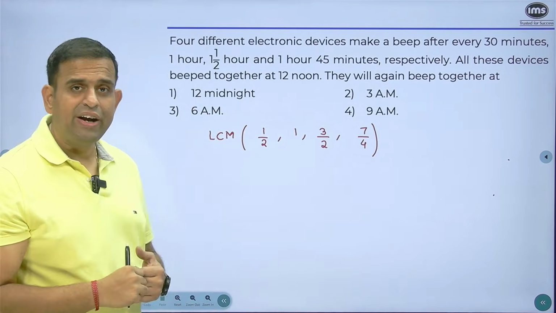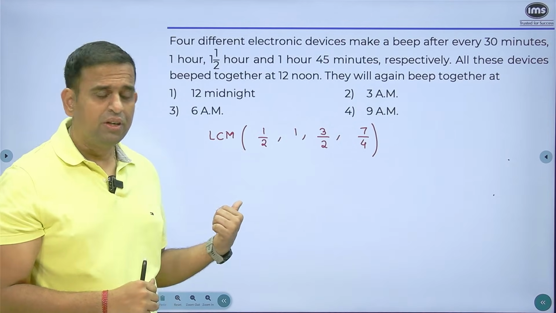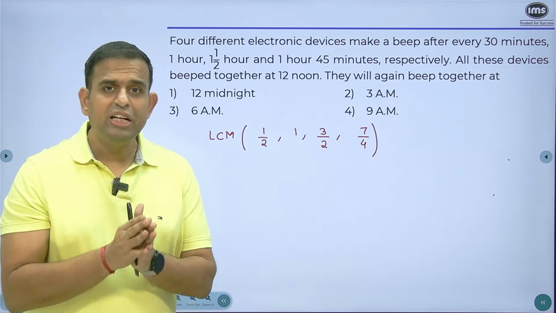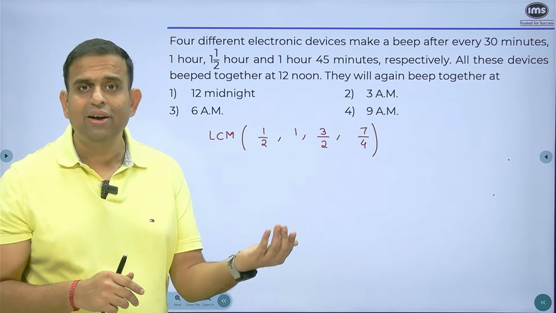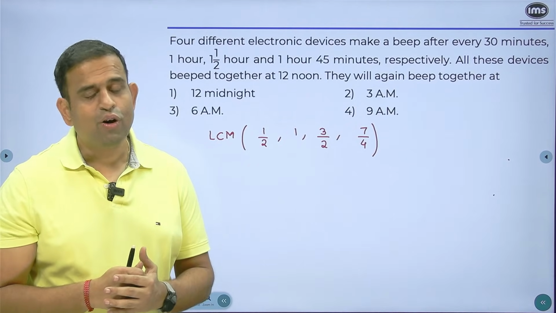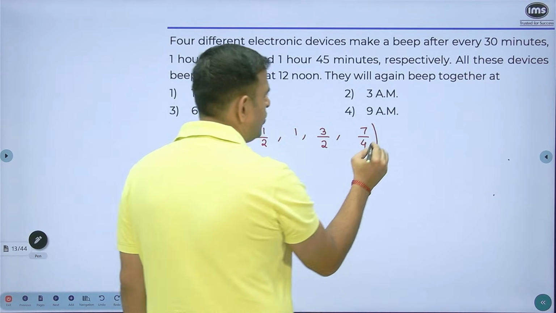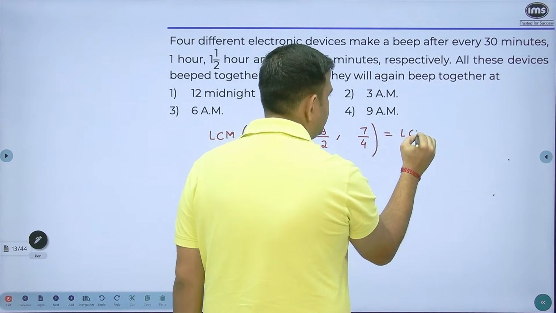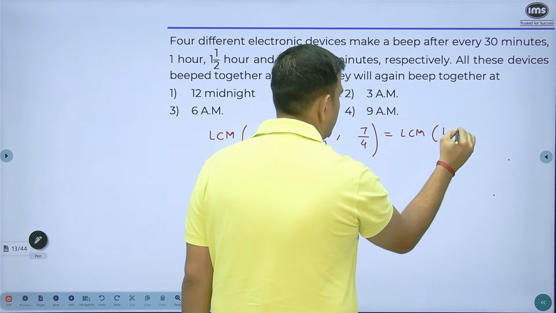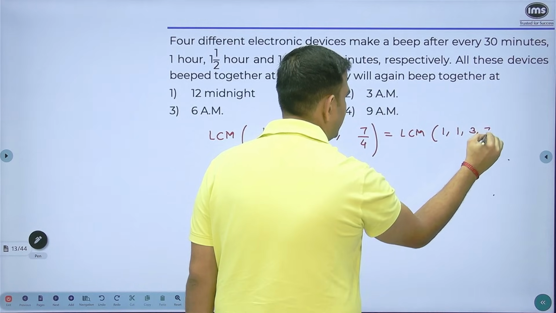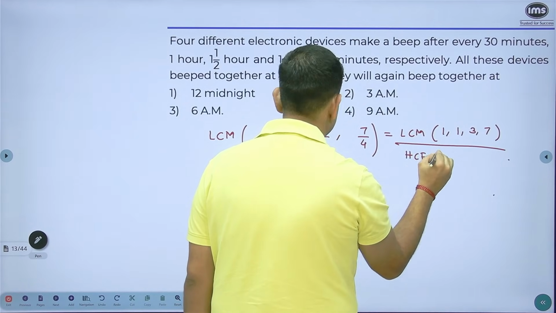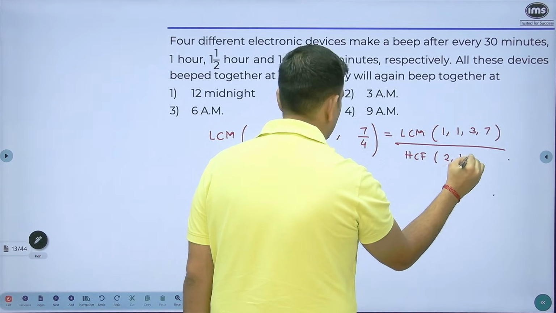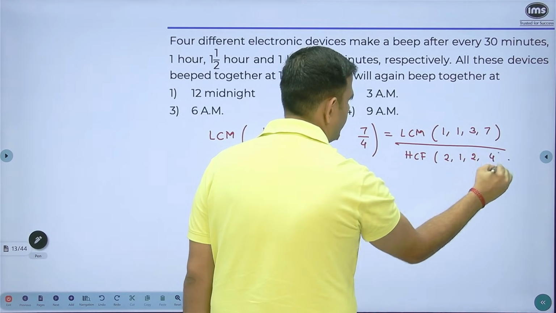So we are supposed to find the LCM of these fractions. And understand, to find the LCM of fractions, the formula is LCM of the numerators divided by HCF of the denominators. This should equal the LCM of 1, 1, 3, 7 divided by HCF of 2, 1, 2, 4.